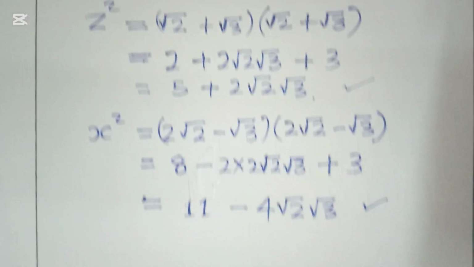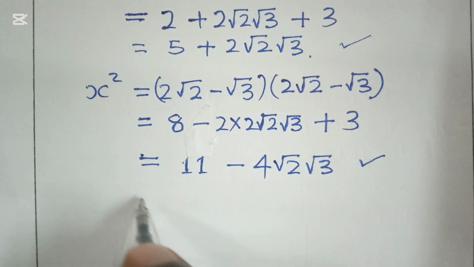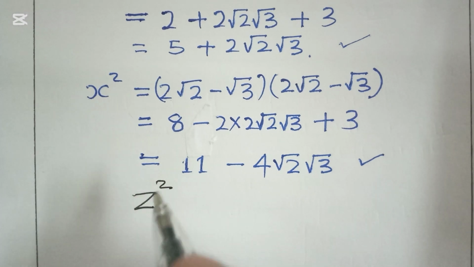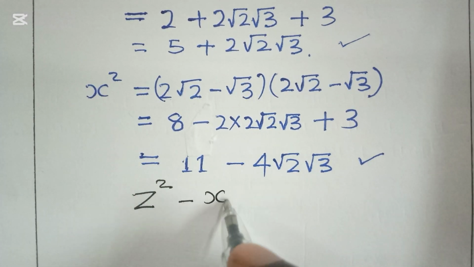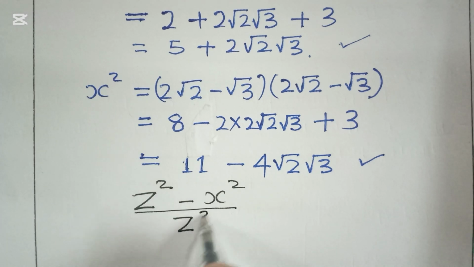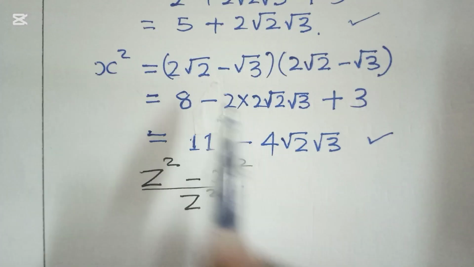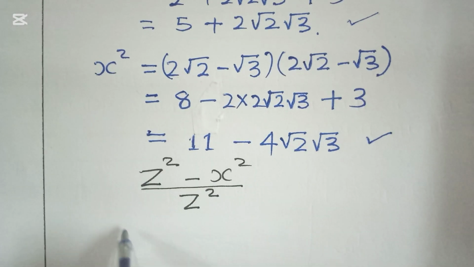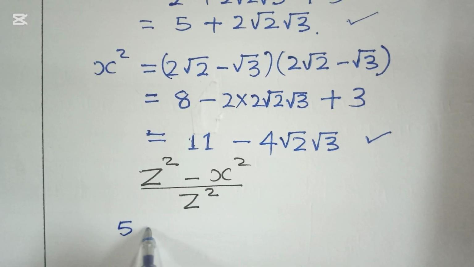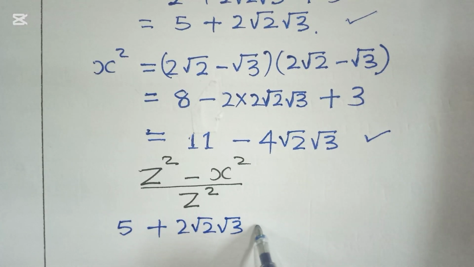And so guys, we come and write, that is z squared minus x squared all over z squared. So this is now going to give us, for z squared, 5 plus 2 root 2 root 3, minus.